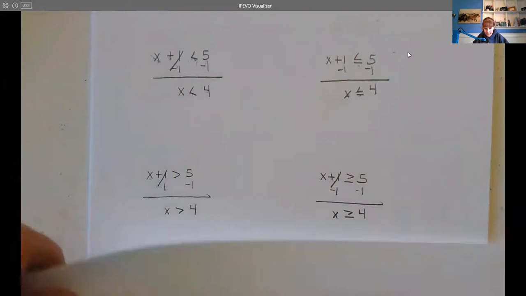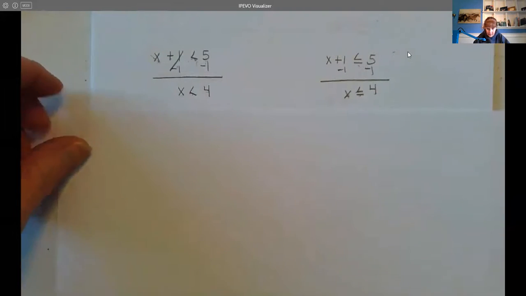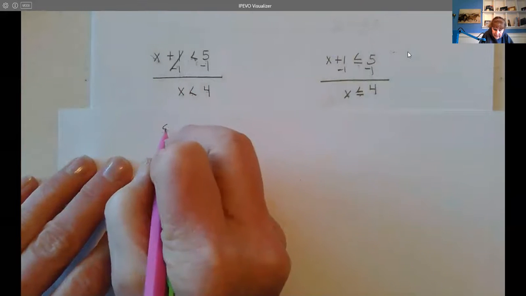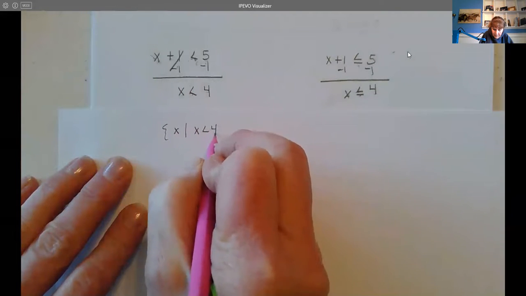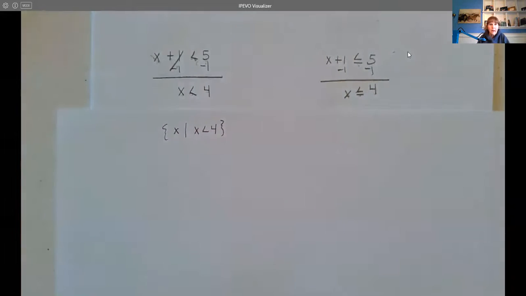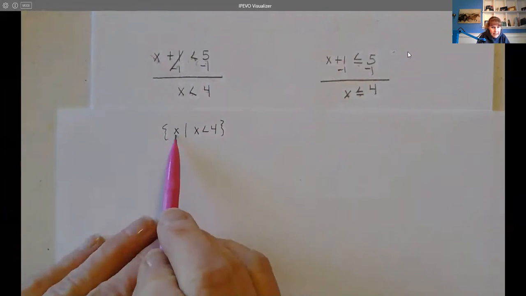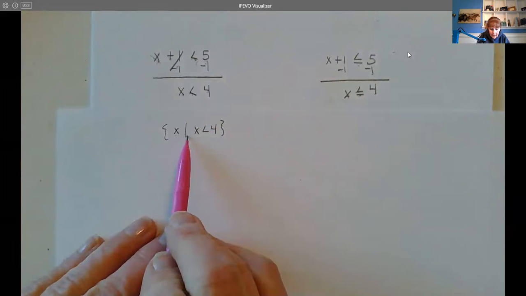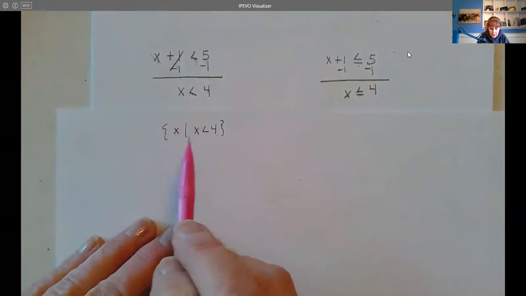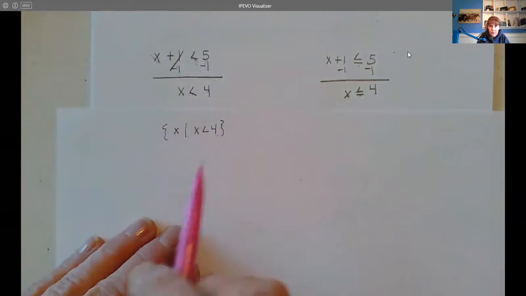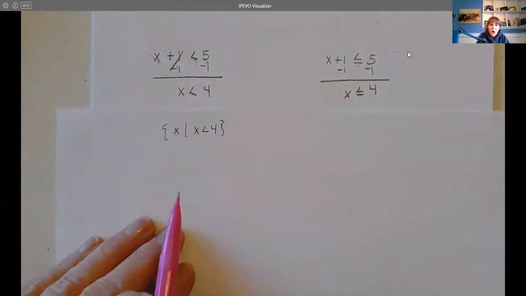In My Math Lab, set notation would be the set of all x's such that x is less than 4. That's one way to display the answer. You're going to have all these x's such that x is less than 4. And these would be just choices. You're not going to have to write that on your own. It would just be a choice.